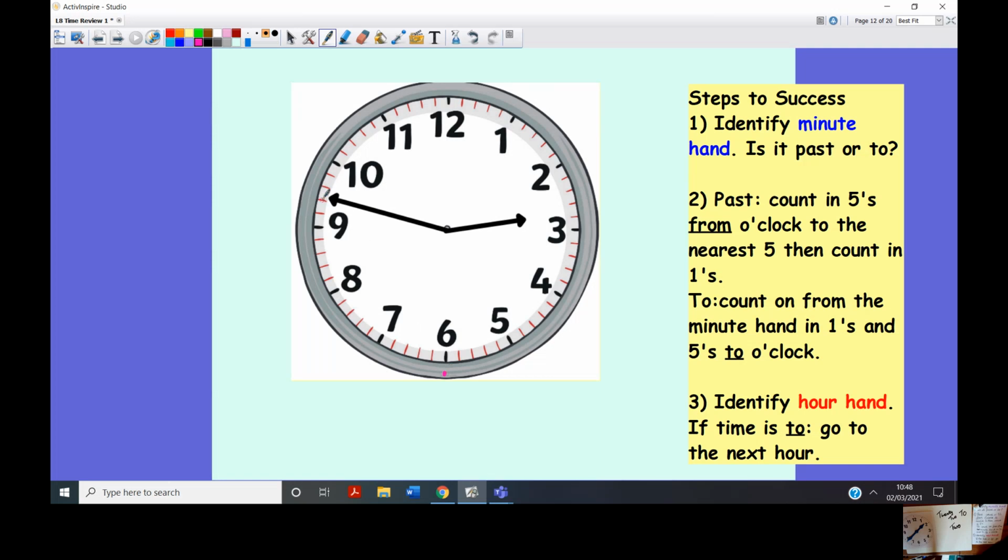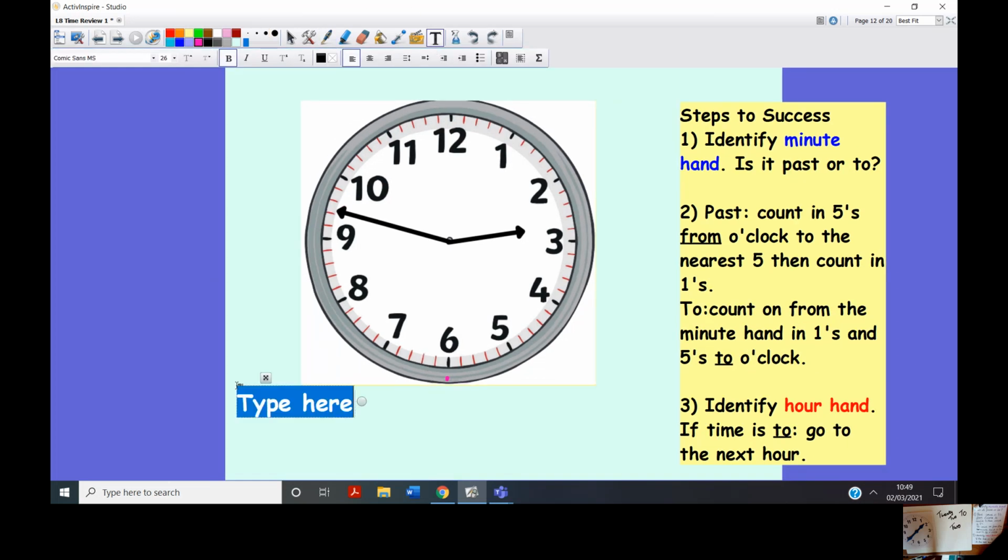So let's count on in ones. 1, 2, 3. And then we're going to just count on our fives first and then add the ones afterwards. You might like to add the ones. You might be able to add the fives on as you're going, but I like to do it this way. So 5, 10, and then we've got 3. So the time is 13 minutes.